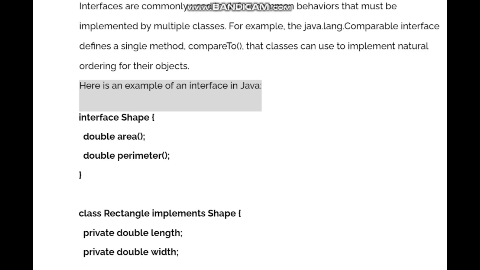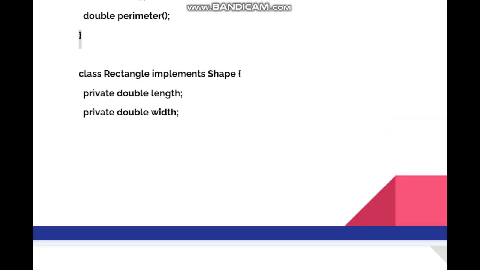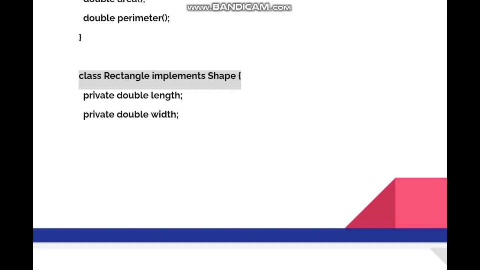Interface Shape. double area, double perimeter. Class Rectangle implements Shape. private double length, private double width.